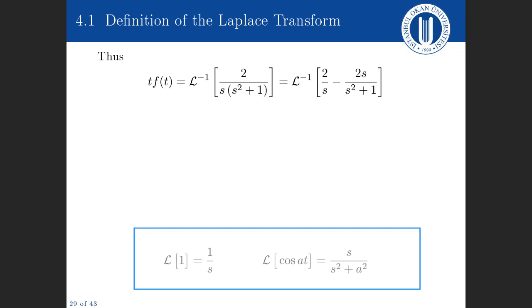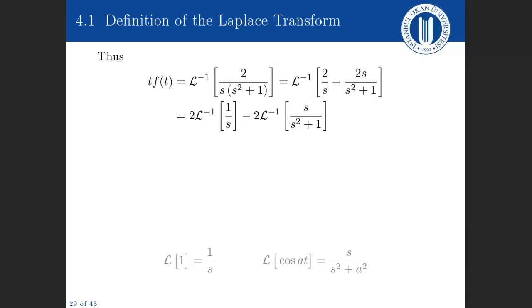Now that I know which of the standard elementary Laplace transforms I'm going to use, I know how to break up my function. I'm going to break my function up into 2 multiplied by the inverse Laplace transform of 1 over s, minus 2 multiplied by the inverse Laplace transform of s over s squared plus 1.